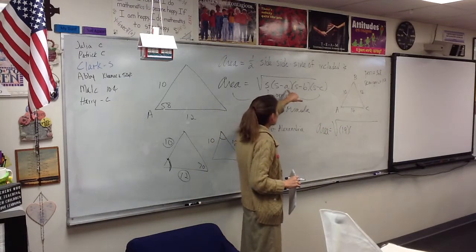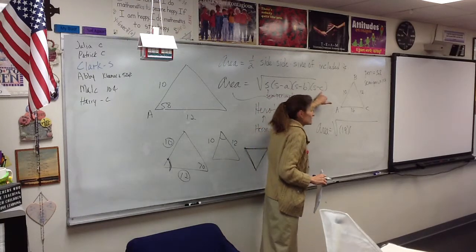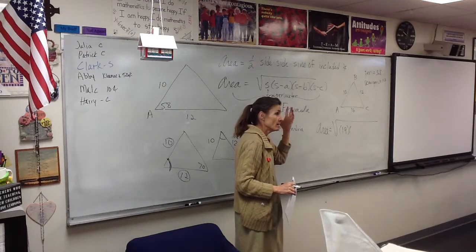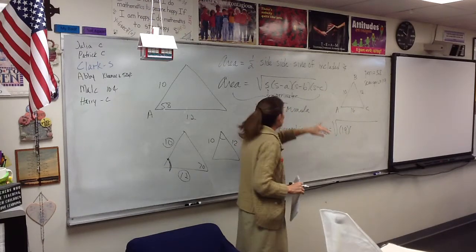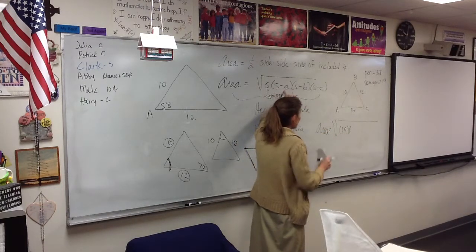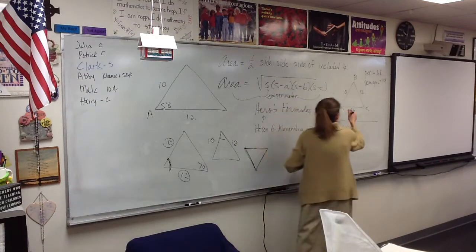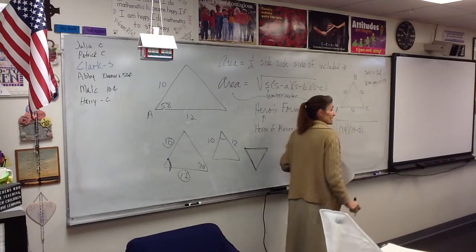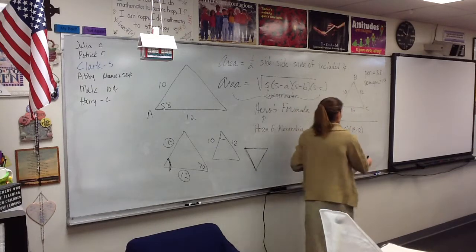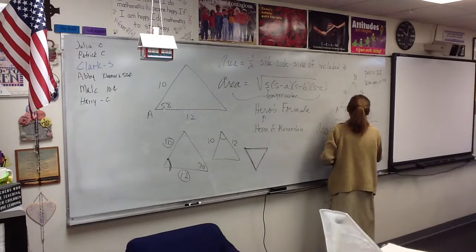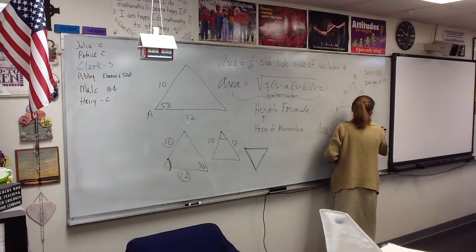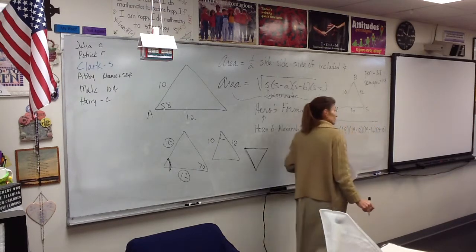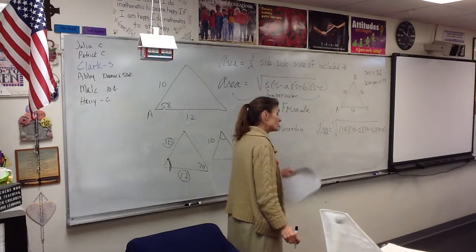What do you think the A, B, and C stand for in the formula? Think about triangles now. Those are the sides. So we're going to take 19 minus side A, which would be 19 minus 12. Then we take 19 minus side B and 19 minus side C. I went ahead and showed my work.